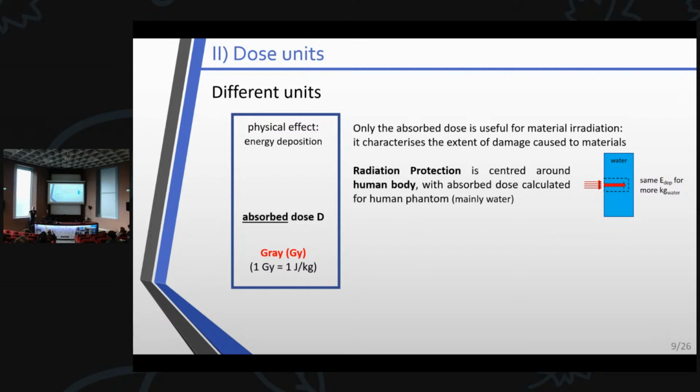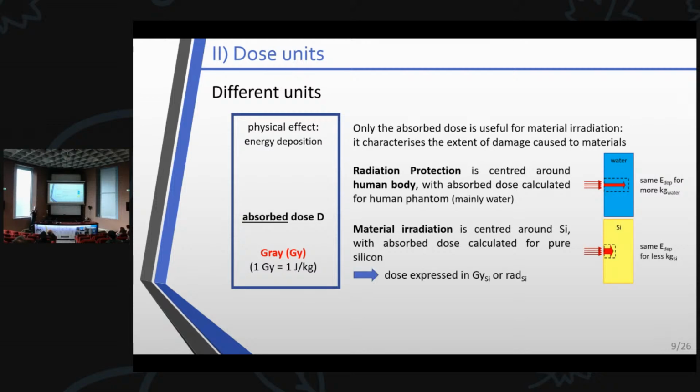For radiation protection, we are centered on the human body, and the human body is mainly water. So the dose is usually calculated by absorption in water. But for material irradiation, and particularly for electronic circuits, we will speak about silicon, and it will be the dose absorbed in silicon material.